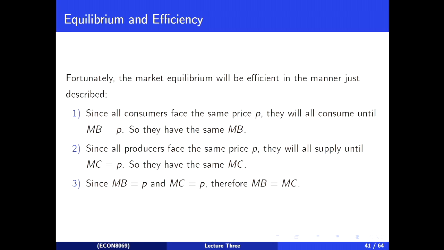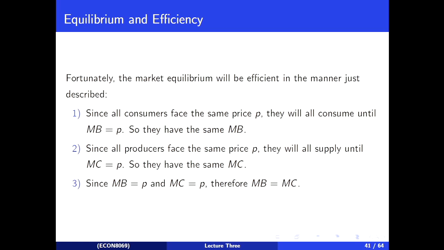They keep producing more and more up until marginal cost is equal to the price. And so in particular, they all have the same marginal cost. And by transitivity, since the marginal benefit is the price and the marginal cost is also the price, the marginal benefit to consumers is also the same as the marginal cost to producers.